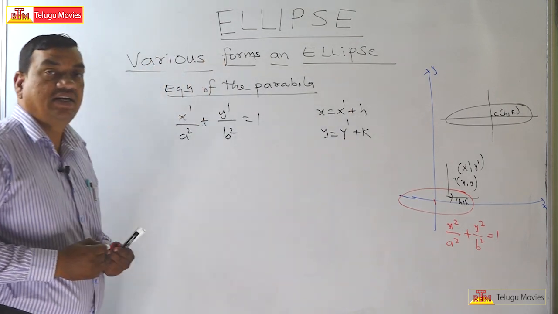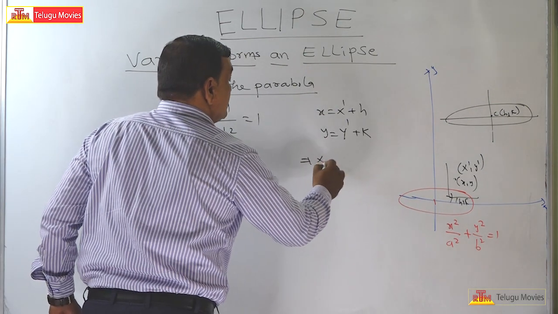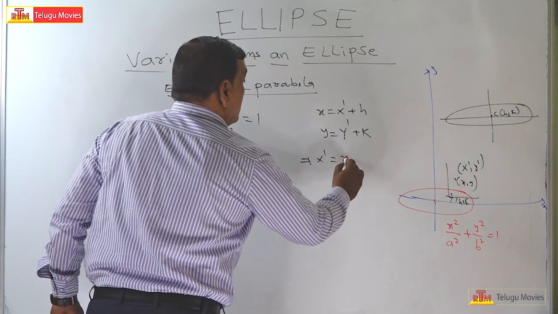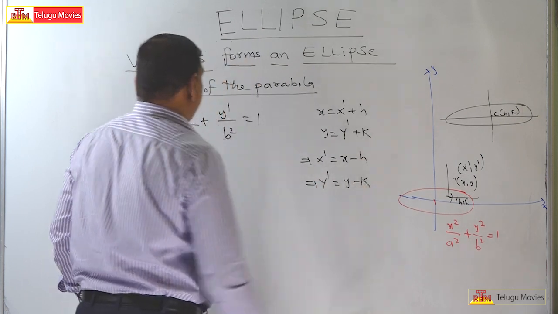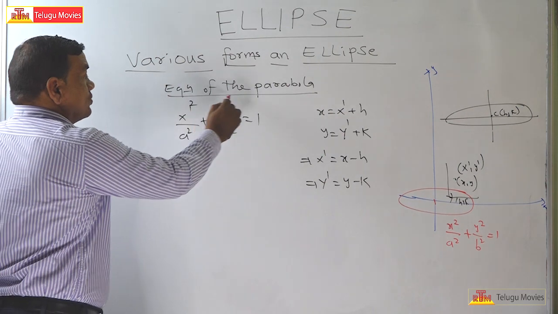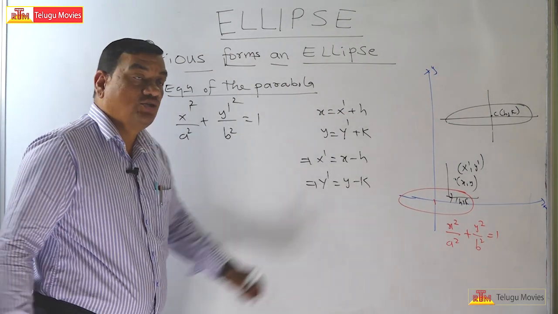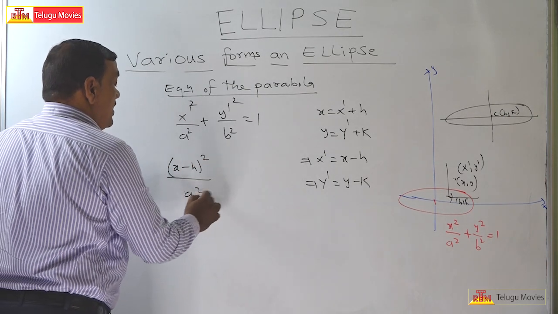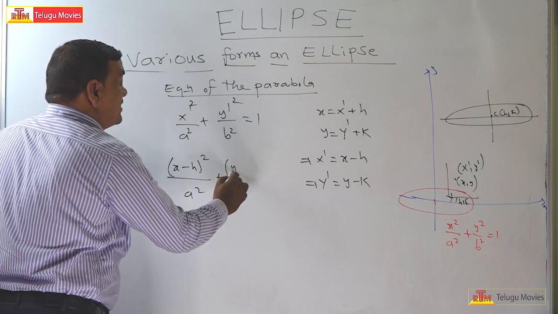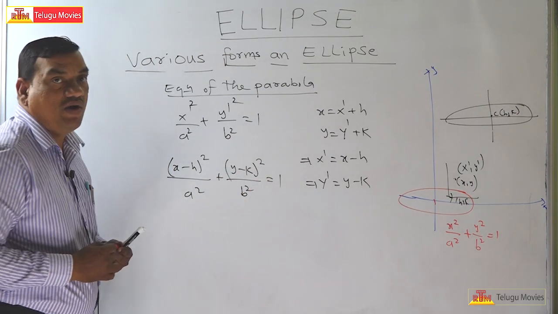From this, x dash is x minus h and y dash is y minus k. So in place of x dash we substitute x minus h whole square by a square plus, in place of y dash, y minus k whole square by b square is equal to 1.